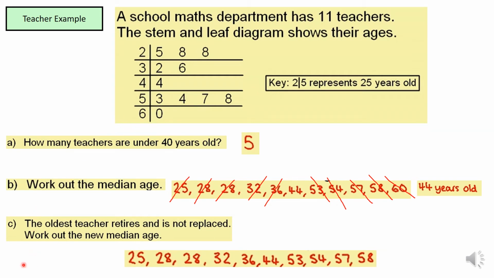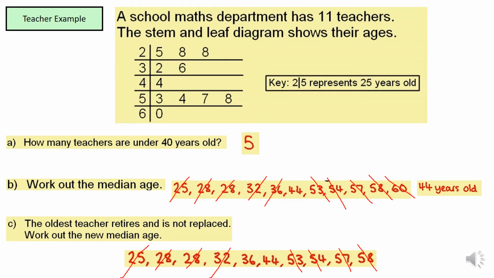Now I need to find the median for this set of data. I'll do exactly the same as in the previous section. I'll cross one from each end and see what I'm left with in the middle. Now I'm left with two numbers in the middle.